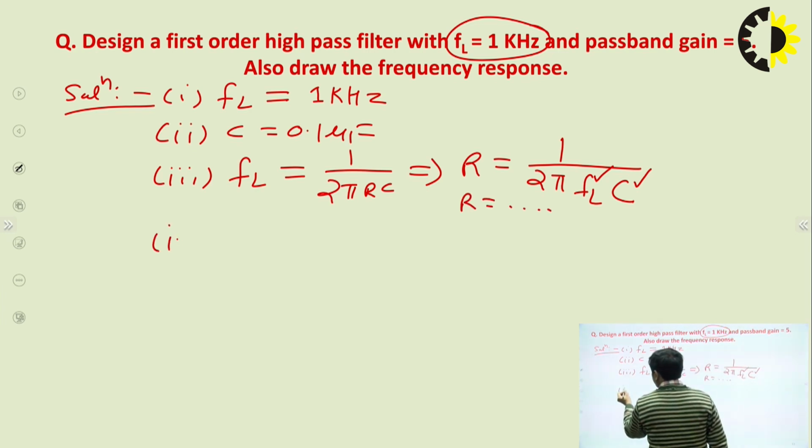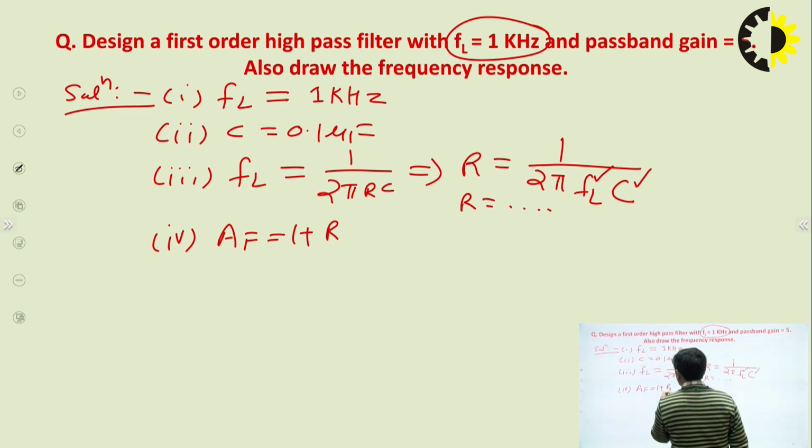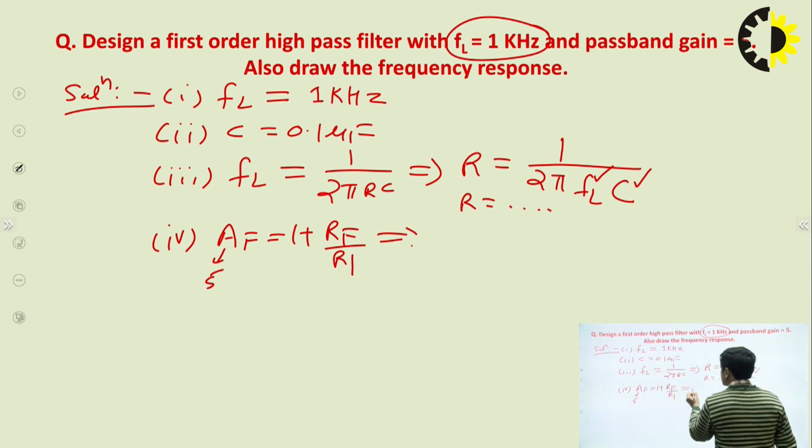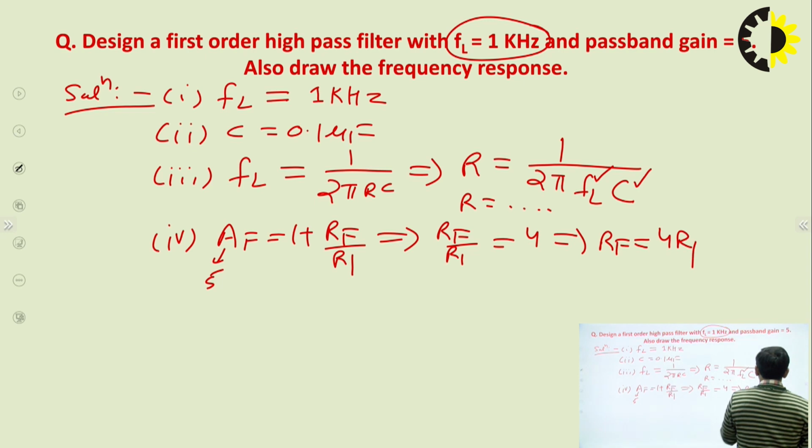In the fourth step, just find out the value of R1 and RF. For that, use the passband gain equation, that is 1 plus RF upon R1. In the question, AF is given, that is equal to 5. So what will be the value of RF upon R1? It will be 4. So from here, RF is equal to 4 into R1.